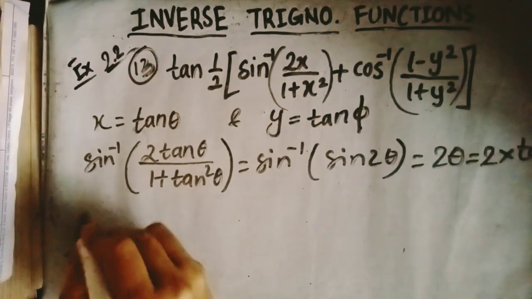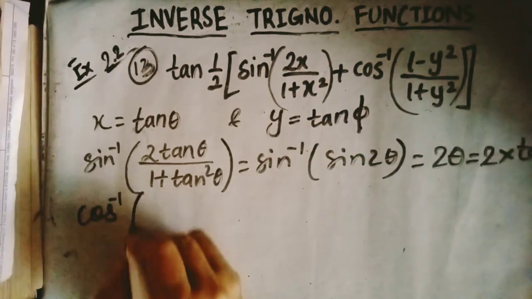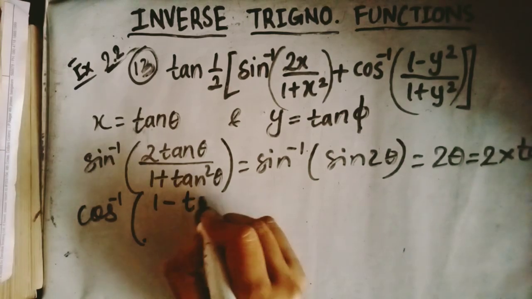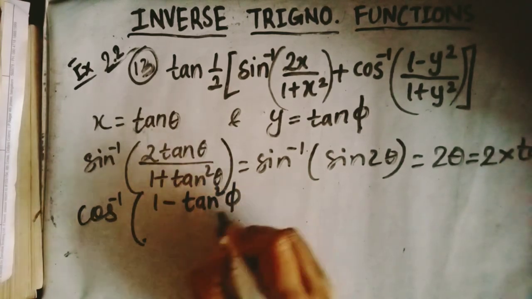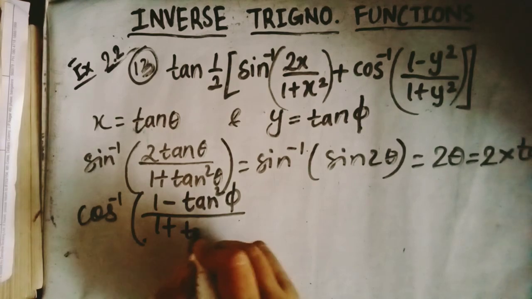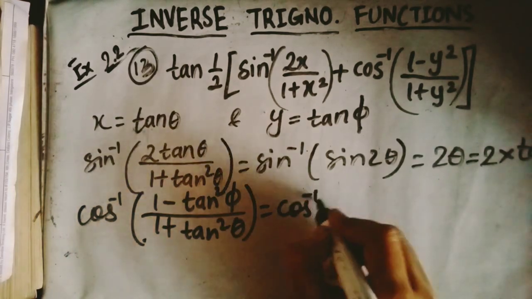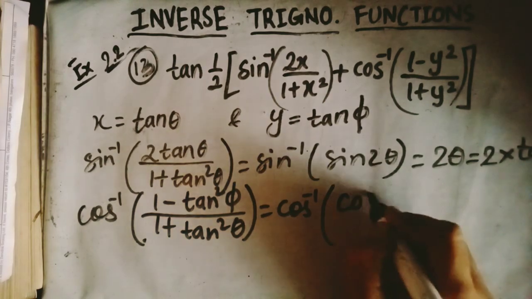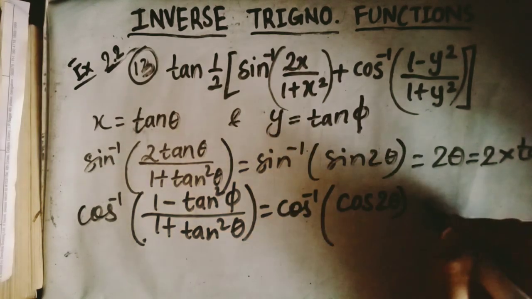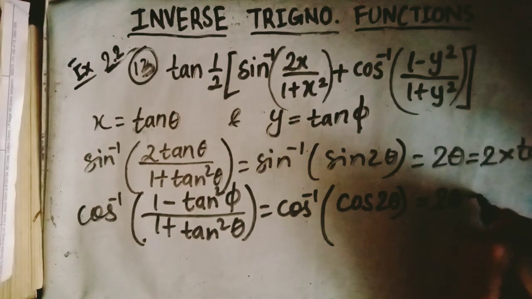Okay. Similarly, substituting in cos inverse, you will get 1 minus tan square phi upon 1 plus tan square phi. So cos inverse, this will be cos 2 theta. So you will get again 2 theta.